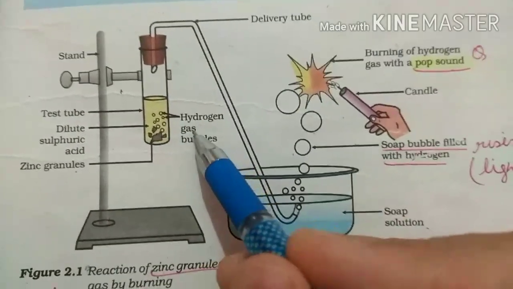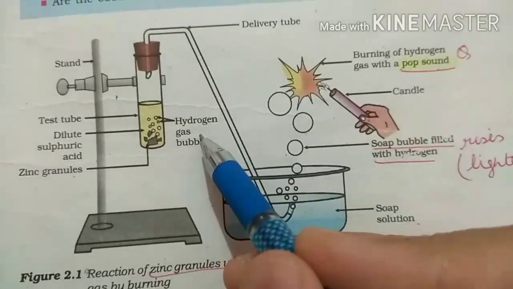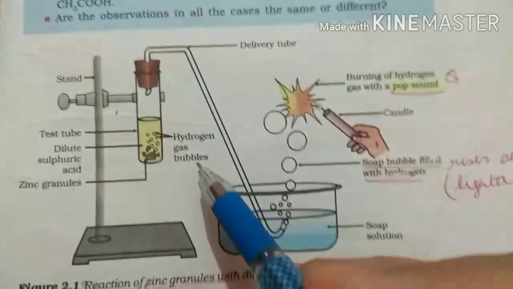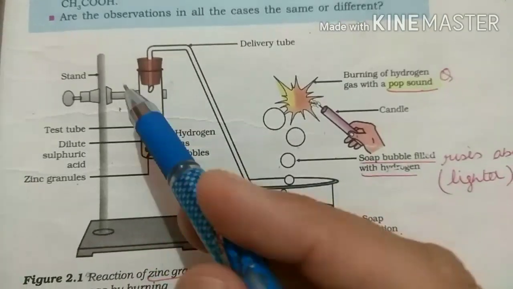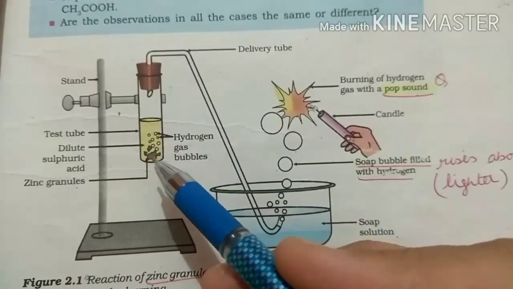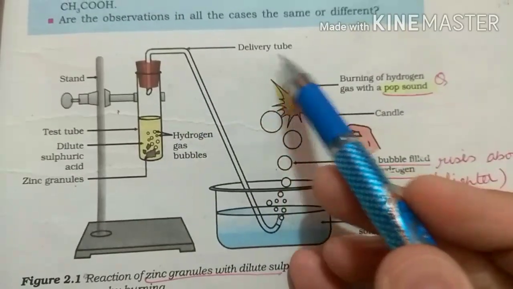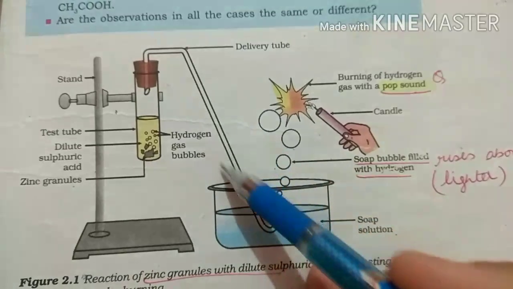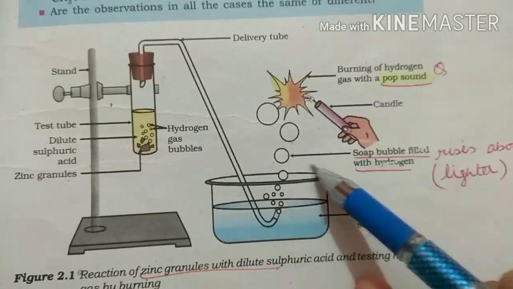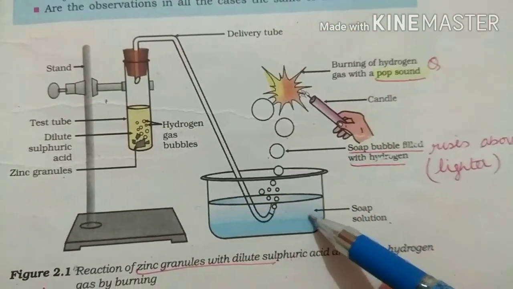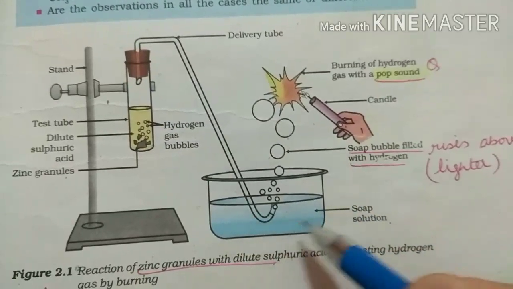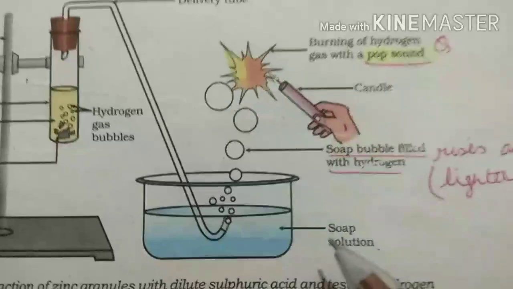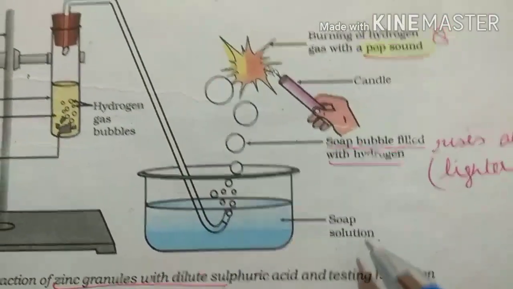Now, although we know that this gas is hydrogen, we will perform a small test to find out which gas is produced in this reaction. Now we have attached a delivery tube along with this test tube, and this delivery tube is kept in this container containing soap solution. Now why we are using soap solution?